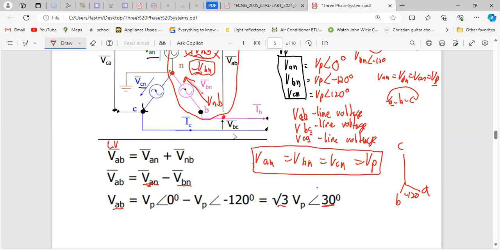In semester 2 you will have to include these, but for now, just write V line is equal to root 3 V phase.